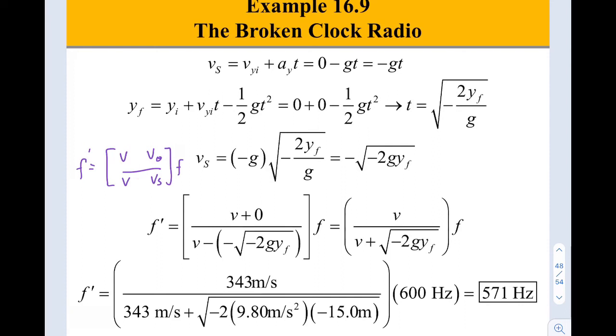So now which sign are we going to use? You, as the observer, are stationary, so this one is going to be 0. What about your source? Your source is moving away, so you are going to use a positive sign for your Vs.